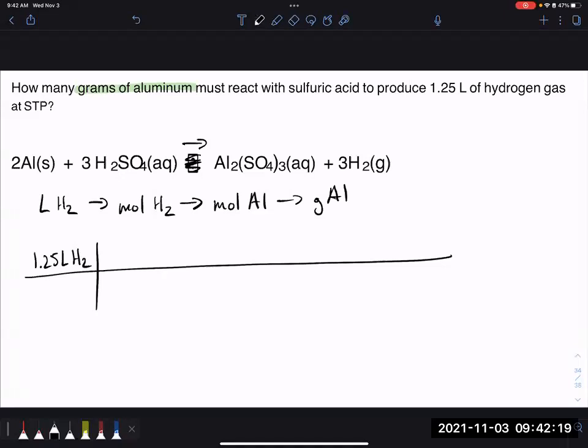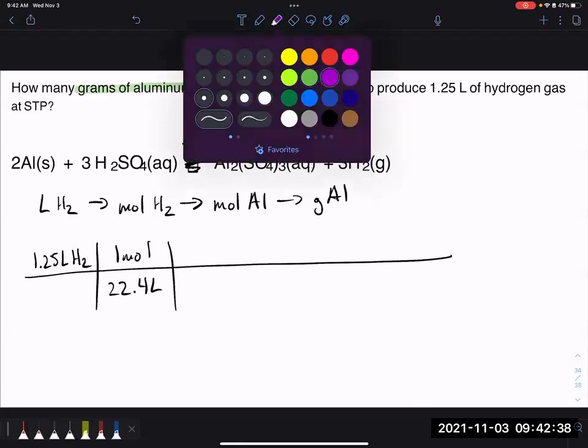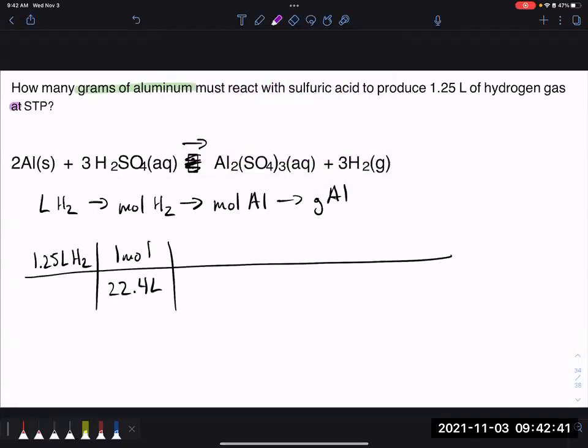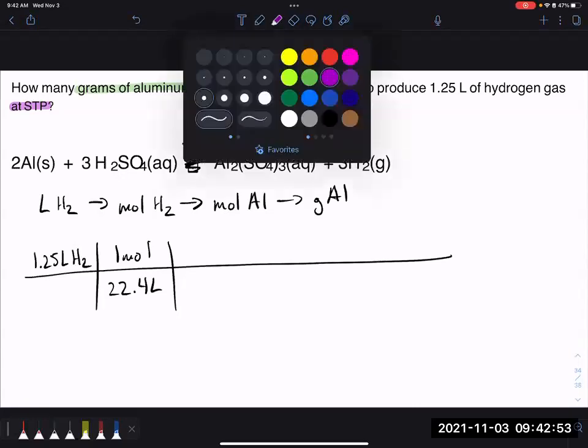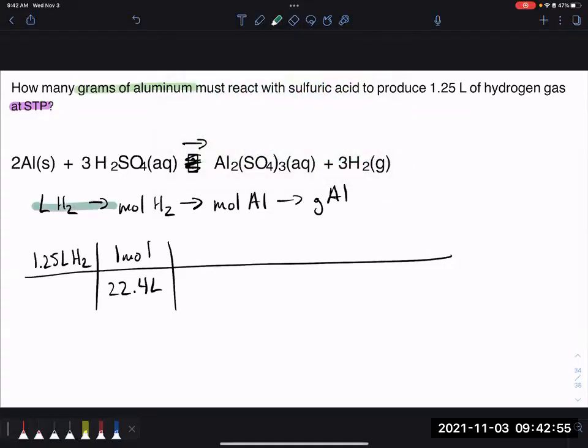So at STP, what's the volume of 1 mole of gas? Yeah, 22.4 liters is 1 mole. We can do that because we were told that this is all at STP. So now we've converted this part, and we have moles of H2.